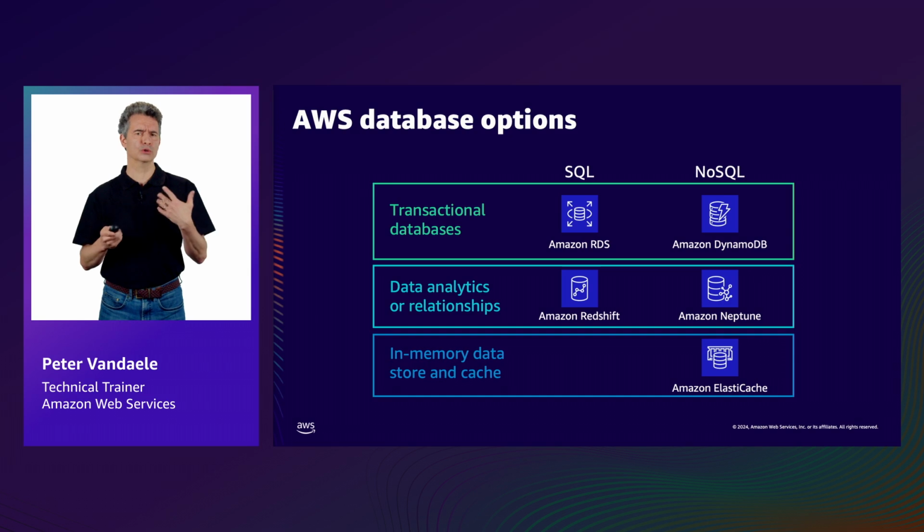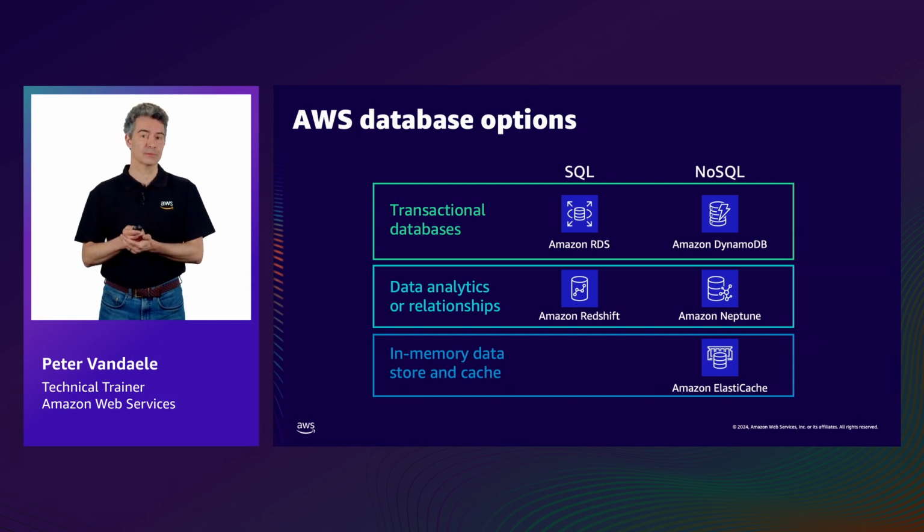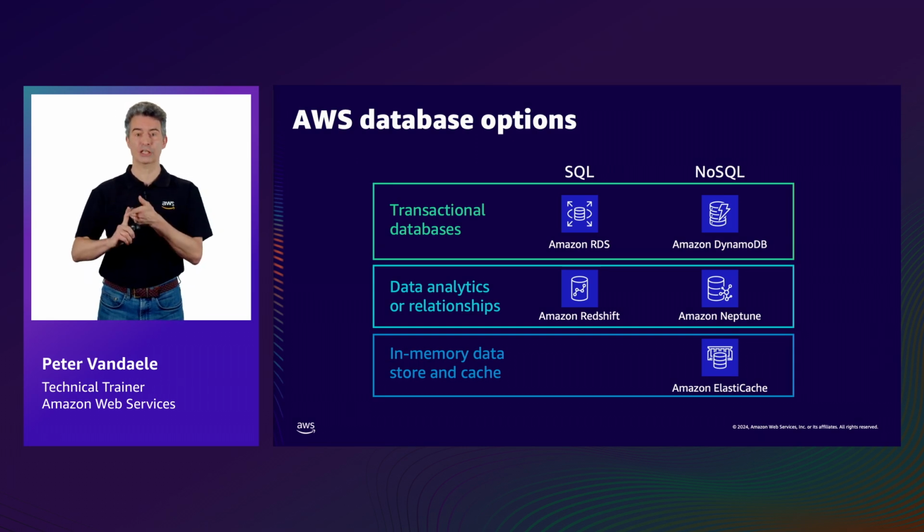But you might also have the need for a graph database, which is more focused on the relationship between data points rather than the data points themselves. You can use this for fraud detection or recommendation systems. Amazon Neptune has you covered there. Lastly, Amazon Elasticache provides a caching solution and is available for two popular caching engines, namely Redis and Memcached. Select the database that best suits your workload.